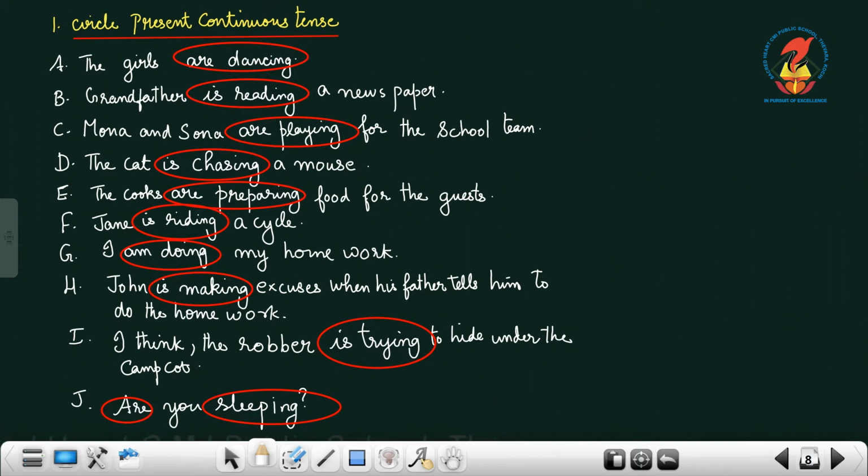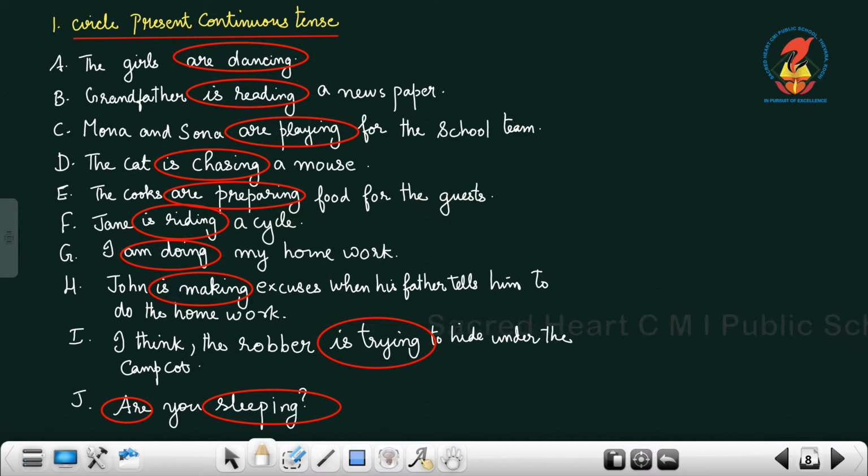Then D, the cat is chasing a mouse. Cat is singular. So, is plus chase plus ing, is chasing. Then next one E, the cooks are preparing food for the guest. The cooks are plus prepare plus ing, preparing.